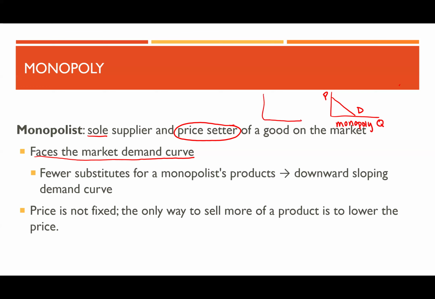That's going to be in contrast to the perfectly competitive firm, excuse me, whose demand curve is perfectly elastic because they're facing a market where there are an infinite number of firms producing the same exact thing that they are. So there's an infinite number of perfect substitutes, giving us that perfectly elastic demand curve, right? For the monopolists, they're the only ones producing that given good, right? And so their demand curve is downward sloping.